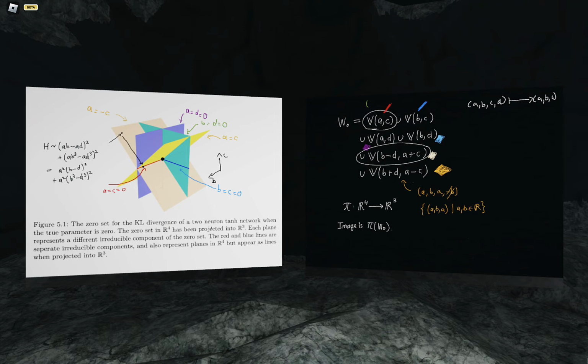What? What did I do wrong here? It's not 0. I screwed up somewhere. Where did I screw up? c is equal to minus a. ab minus d squared plus... I don't see where I screwed up.